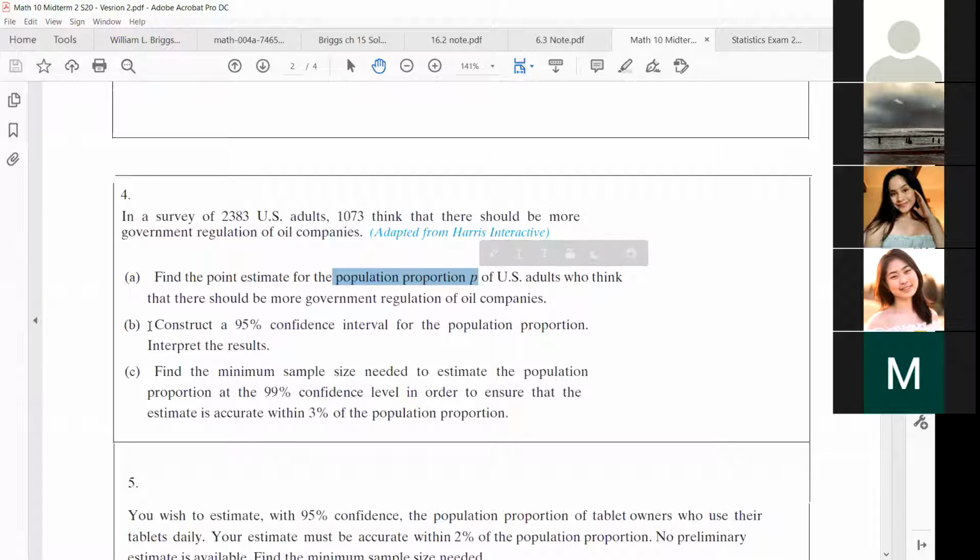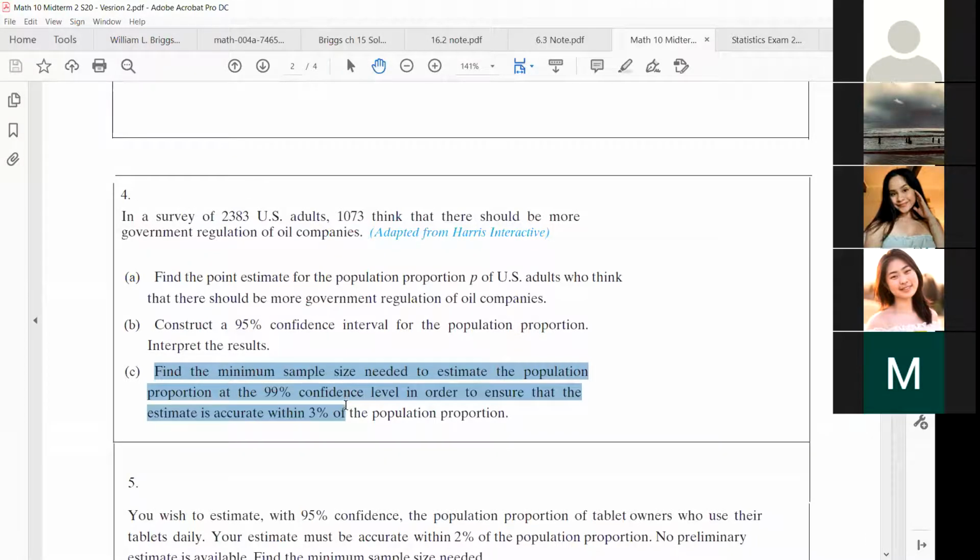B, construct a 95% confidence interval. C, find the minimum sample size to estimate the population proportion at a 99% confidence level in order to ensure the estimate is accurate within 3% of the population proportion.